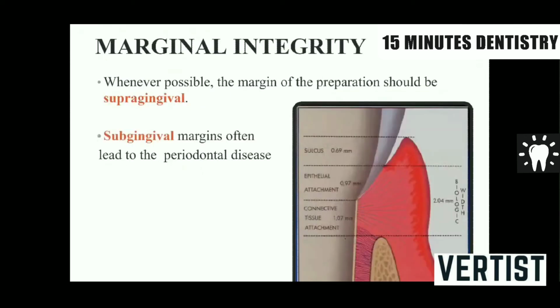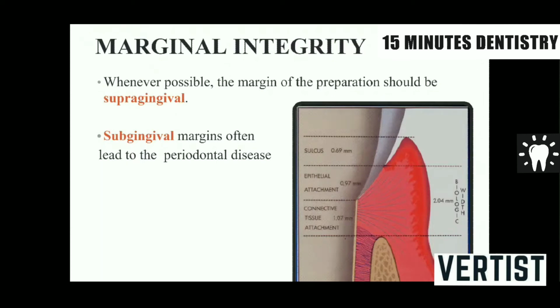Marginal integrity is another important principle, and as the name suggests, the integrity of the margins plays an important role in the success of the restoration. So, when possible, the margin should be supragingival. So, a supragingival margin has advantages both for the operator as well as for the patient.